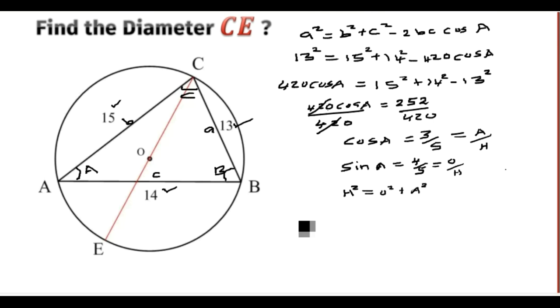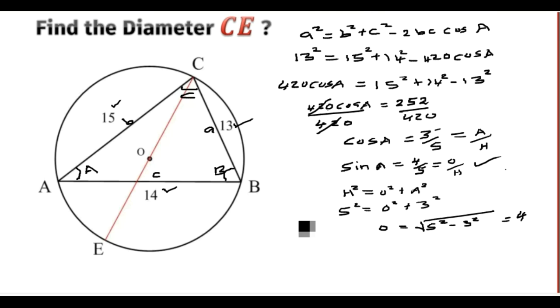So 5 squared equals opposite squared plus 3 squared. So the opposite will be the square root of 5 squared minus 3 squared. Then you get the opposite to be 4. Then sine A is opposite over hypotenuse, 4 over 5. That is how to get sine A.